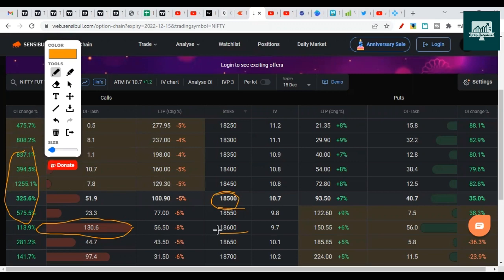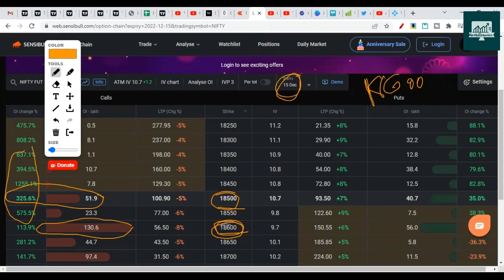Nifty was moving around this level for the past week, but our all-time high was near 18,600, so this is where the max OI got created, and bulls could not enjoy much. They touched almost 18,900, and now again the addition of huge call open interest here is suggesting that these two strikes are major resistance for the current week's expiry.